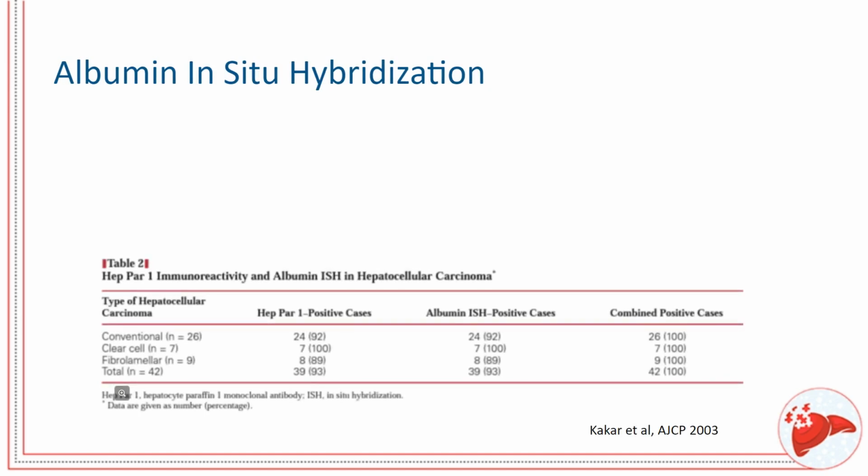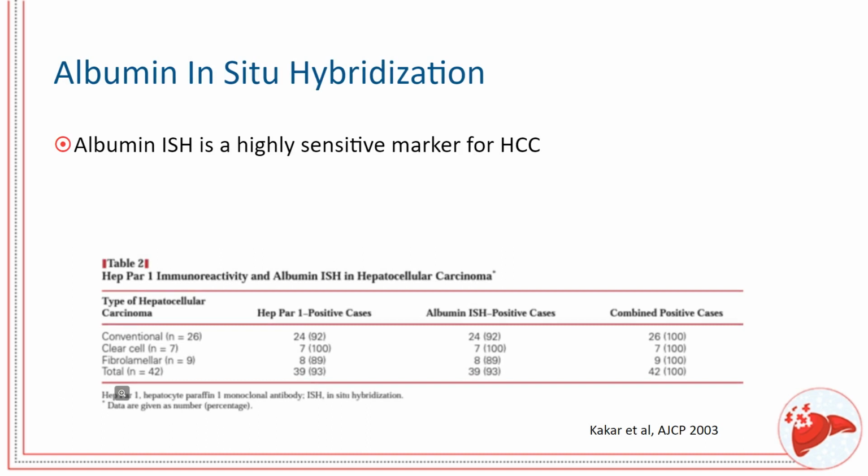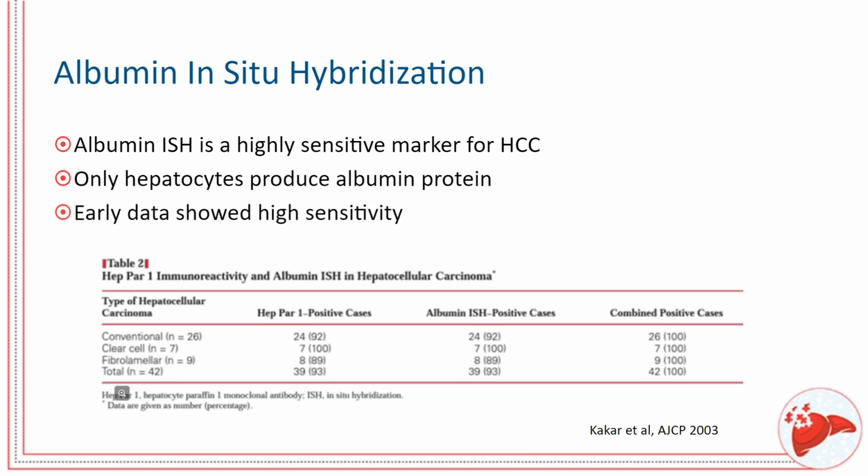I want to turn our attention to albumin in situ hybridization because I think this is a highly sensitive marker for hepatocellular carcinoma. Only hepatocytes produce albumin protein, and while I would say that this marker is not 100% specific, as I will point out on some subsequent slides, its sensitivity is really, really high, and the data from Sanjay Kakar, which were published a long time ago, 20 years ago, when he was at Mayo Clinic at that time, showed a sensitivity of the order of 92%.